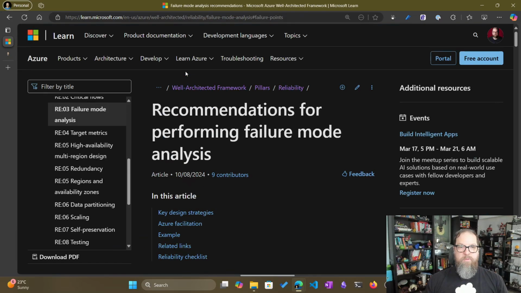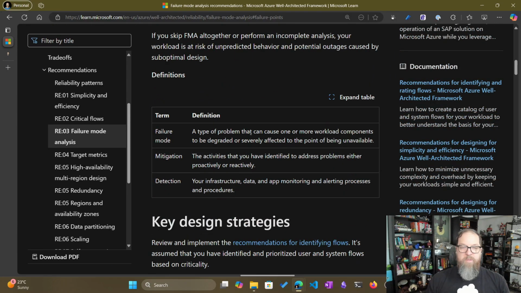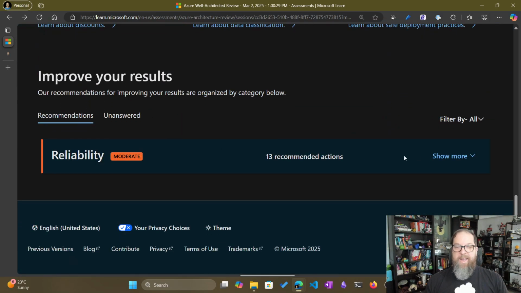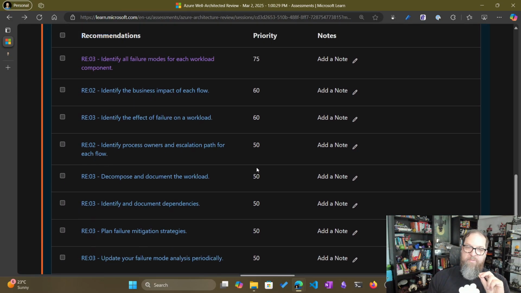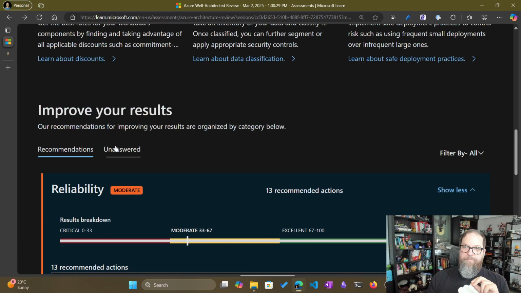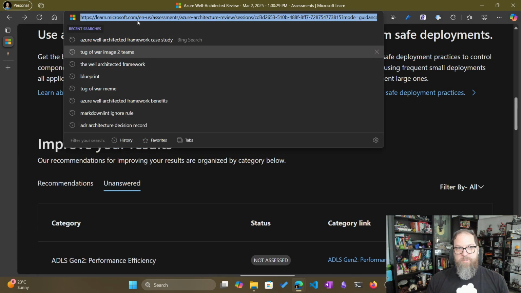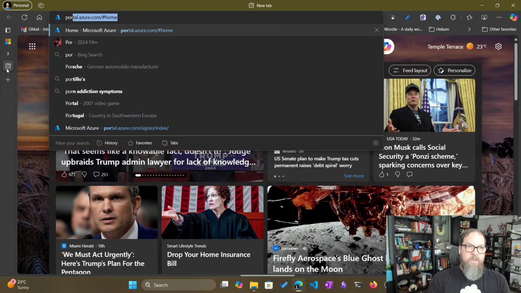And so this will take you right back to those recommendations and give you all the information you need. So you can quickly go through the results and then hone in on the areas where you can focus that will have good impact. So this is an amazing tool to leverage. If you've never done this, I would highly recommend doing this.